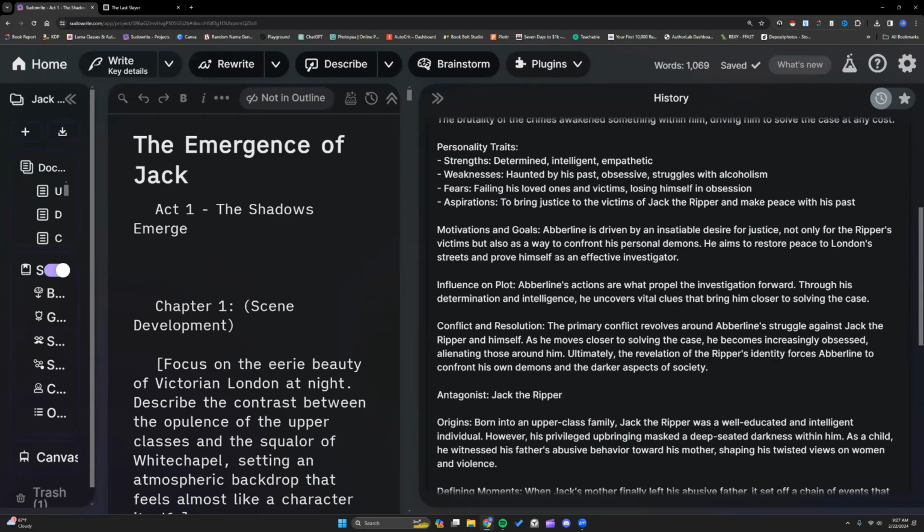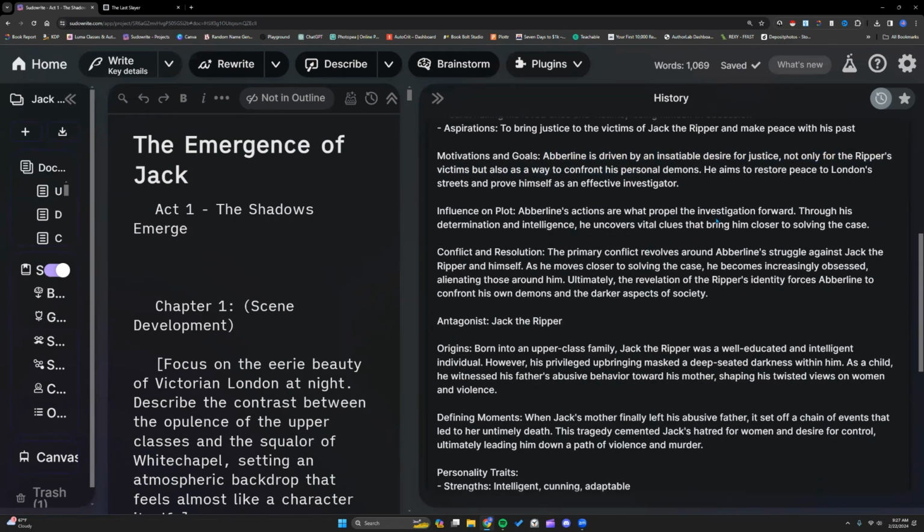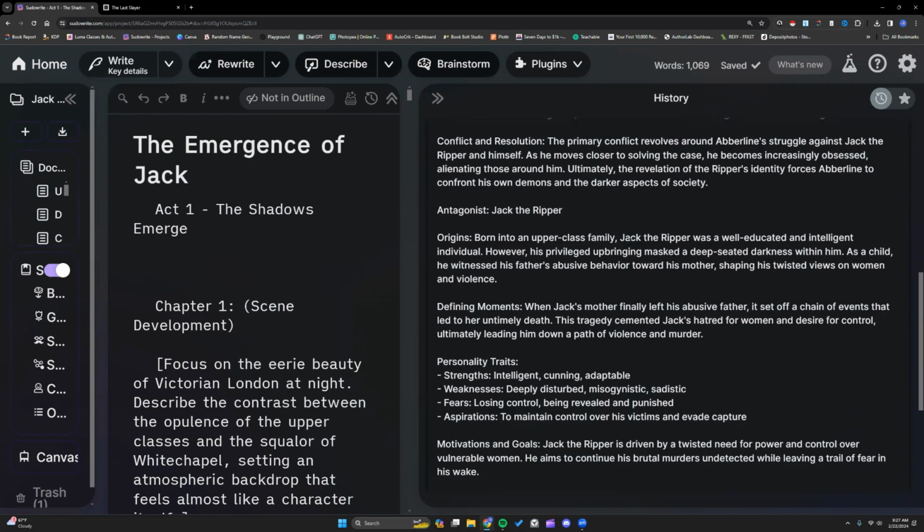Got the motivations and goals. We could actually improve that a bit, but it's not a bad start. Becomes increasingly obsessed.